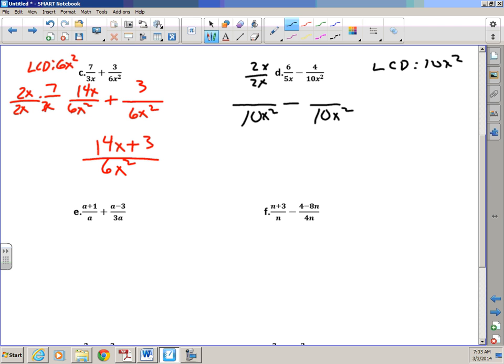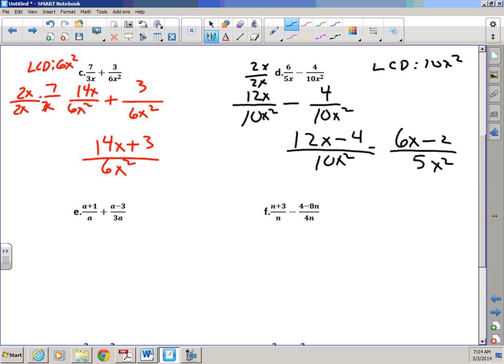Again, 2x over 2x. So this becomes 12x and 4. I write as 12x minus 4 over 10x squared. Now here, 12, 4, and 10 are all divisible by 2. So I can factor out a 2 from each and get 6x minus 2 over 5x squared. Okay.